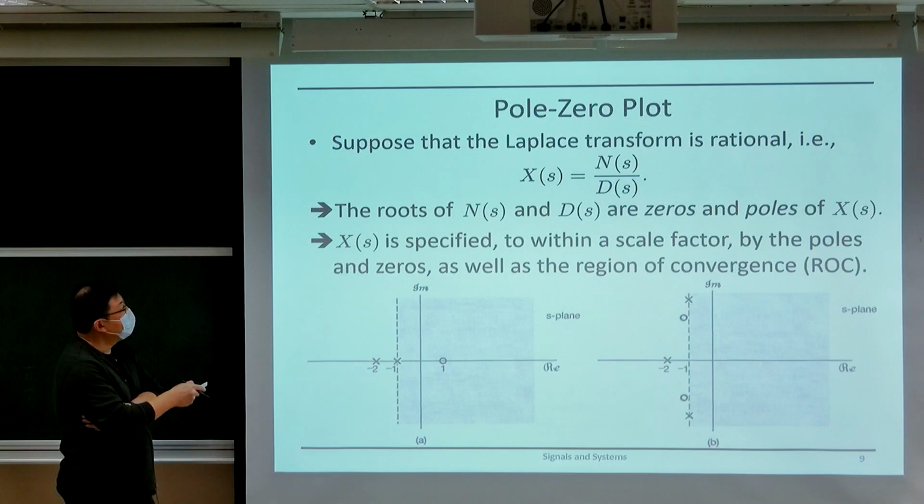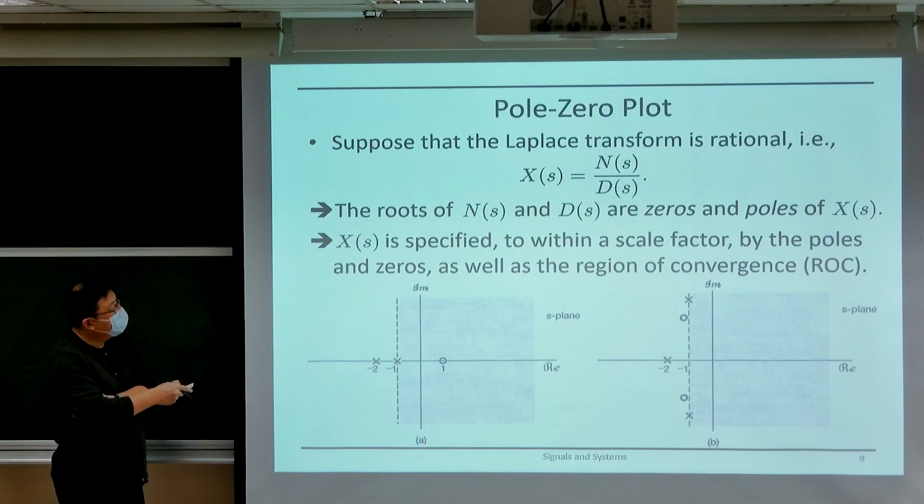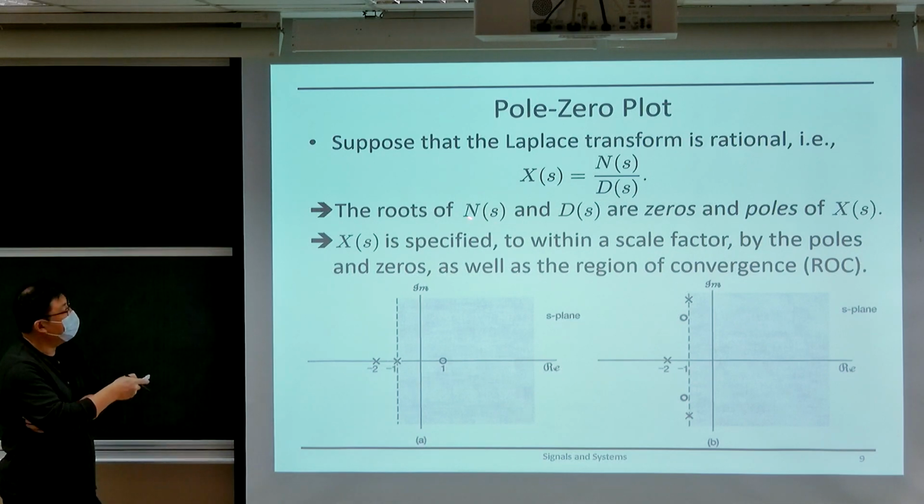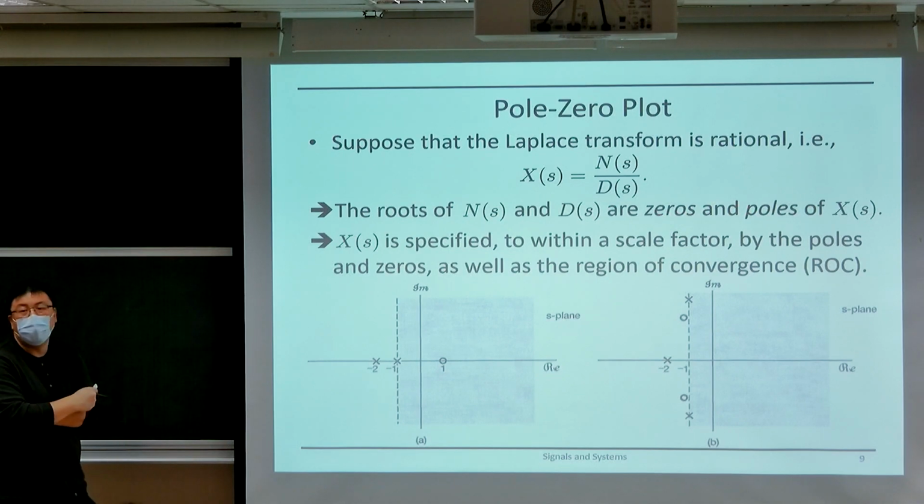For the polynomial in the numerator, the roots we call zeros, because if you substitute the roots of n of s inside x of s, x of s would be 0. The roots of d of s are called poles.